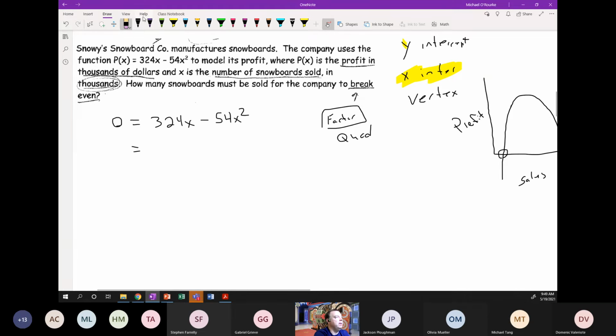What's common between these 2 terms right here? 54 is good, so I can take 54 out of it. And I'll move my line down here a little bit.